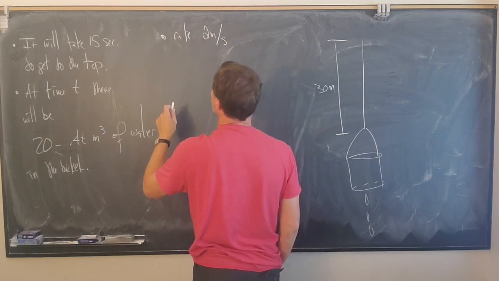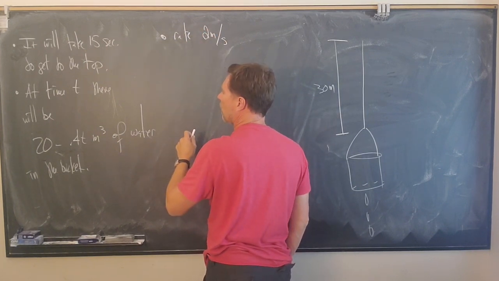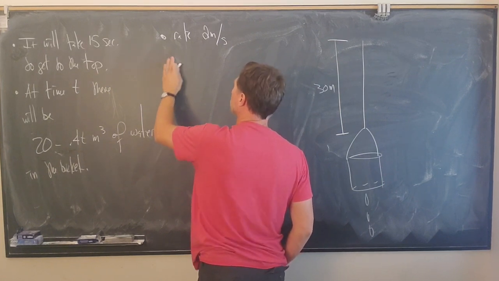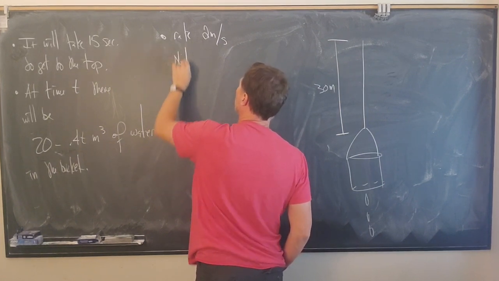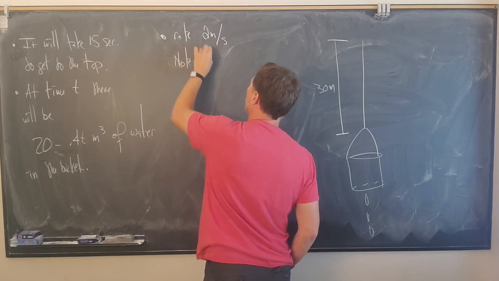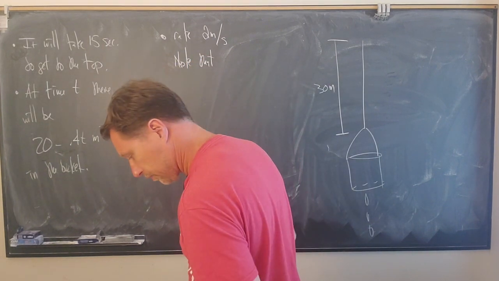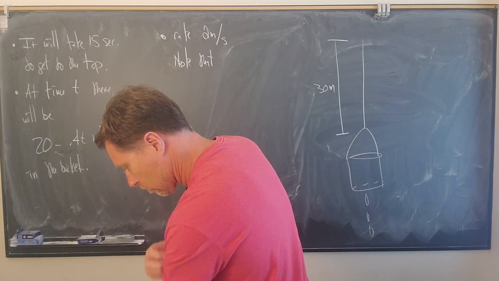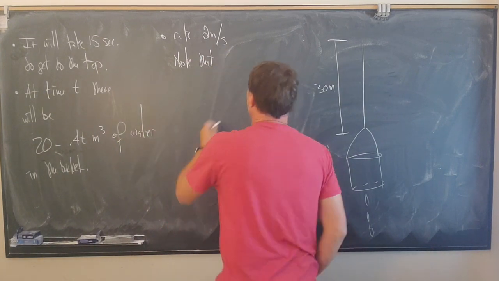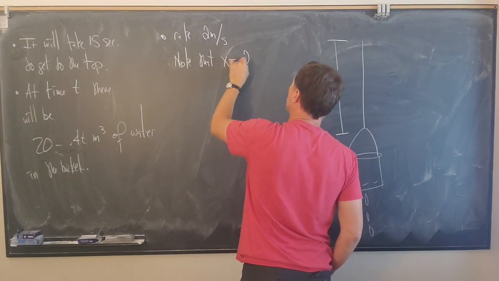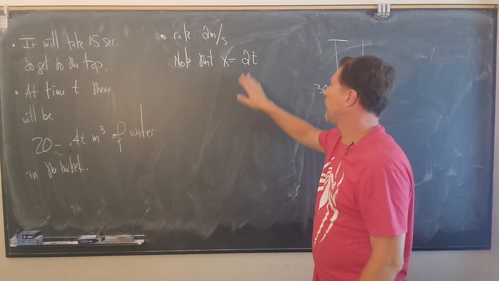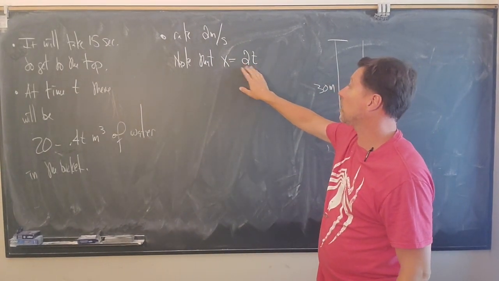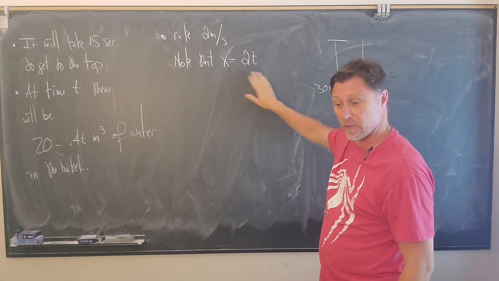So what we have is, let's say it like this, x is equal to 2t. We're going at 2 meters per second, so x changes at this rate, x equals 2t.